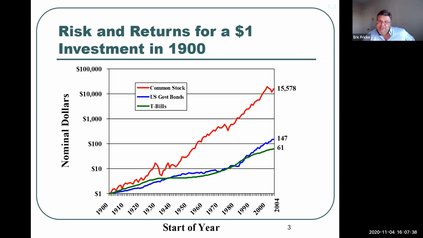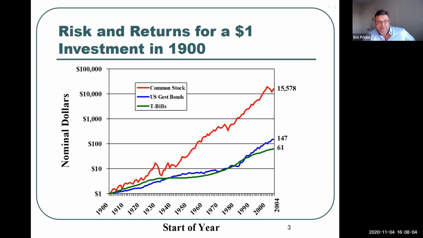And then the rest of it should be in a balanced fund, depending on your age. If you have 30 years until retirement, they might say 70% in stocks, 30% in bonds. But you can see the reason is because, over 100 years, but after 20, 30, 40 years, the amount of money difference is substantial.